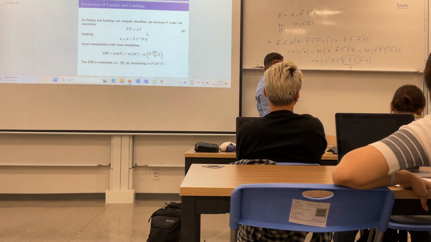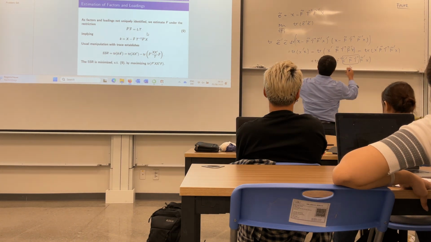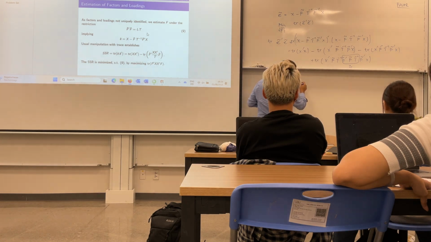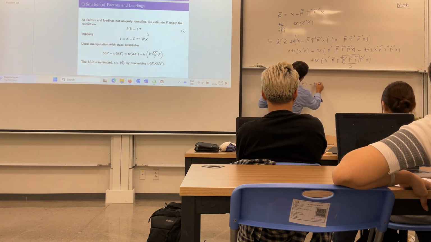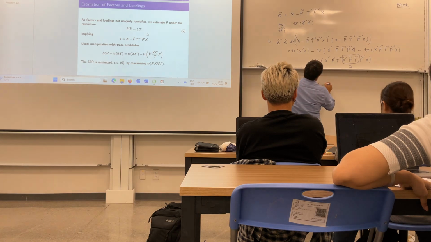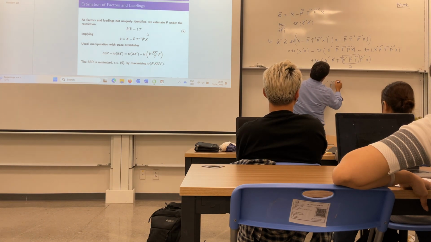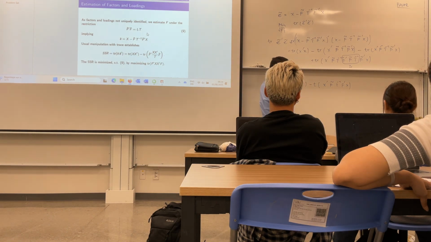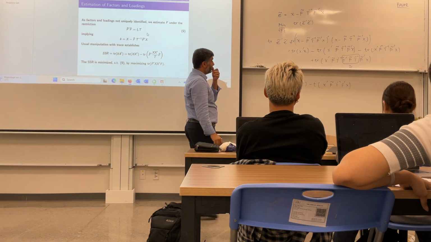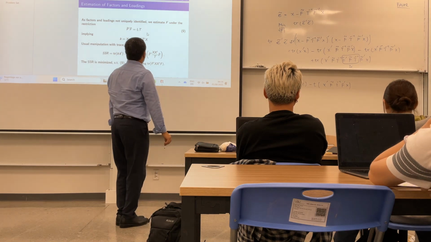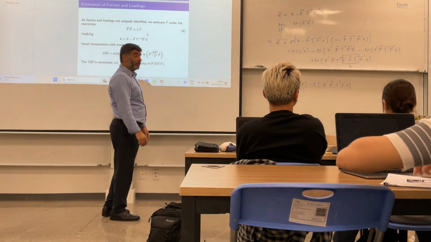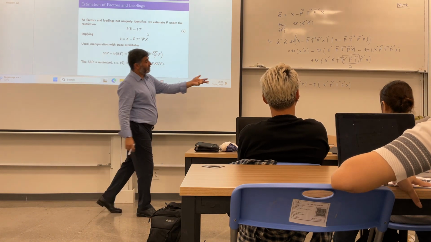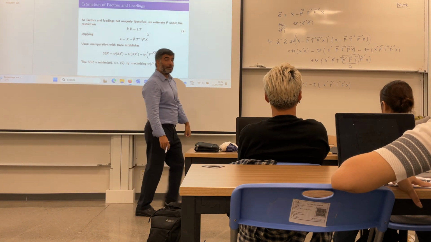So one of these cancels, and then we get this is equal to the trace of x prime x minus the trace of x prime f T to the power of minus 1 f prime x. So that's what we have essentially here. Okay. So now can you see why this last term can be written like that?